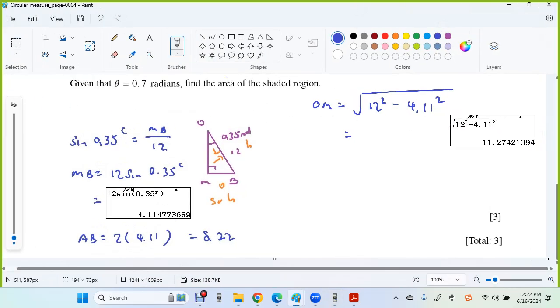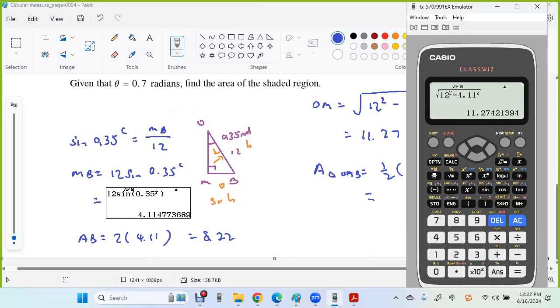So this is 11.27. The area of triangle OAB will be half, and then the base is 8.22 and the height is 11.27.